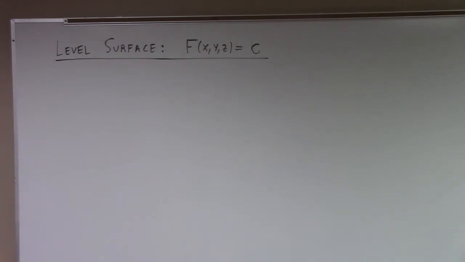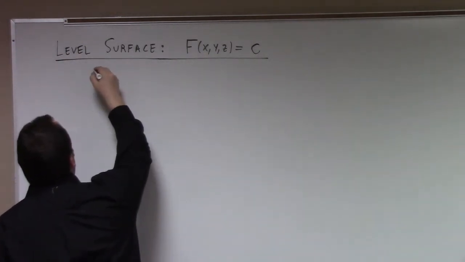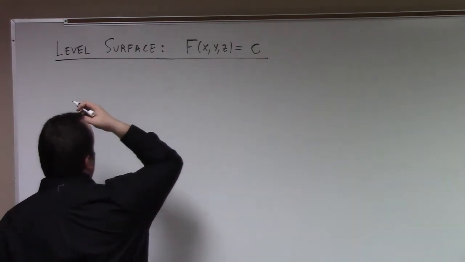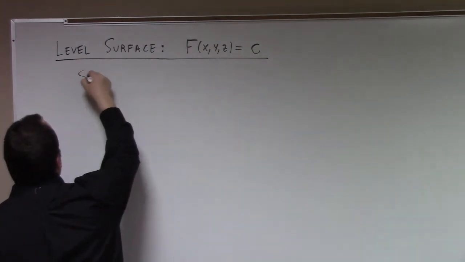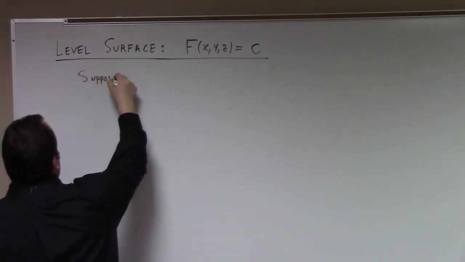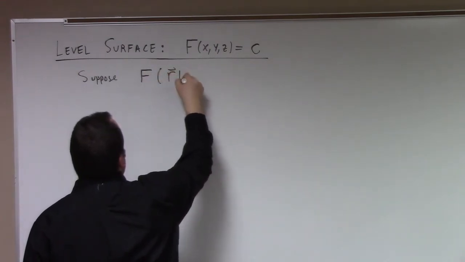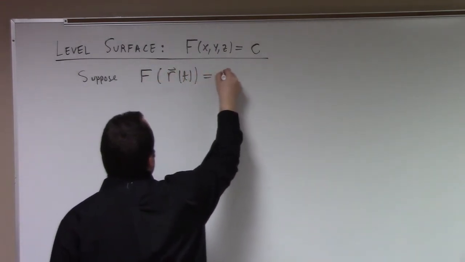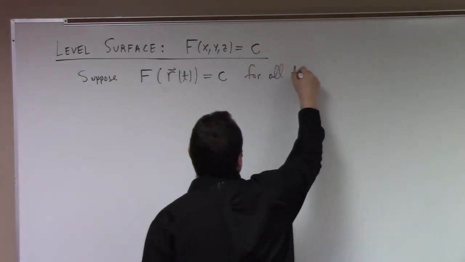So geometrically, how's the equation of the tangent plane? What's a vector which is tangent to the surface? Well, let me just show you a calculation. Suppose that we have f of r of t equals c for all t.